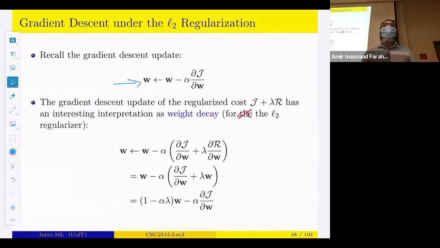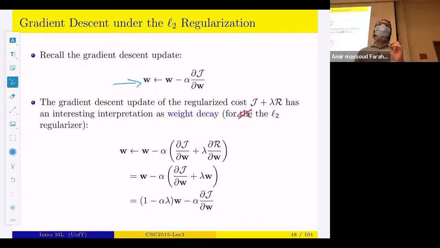If we use a regularized, sorry, is there a question? Right. So the question is, how do we guarantee that we go only to the global minimum instead of some other local minimum? That's a good point.